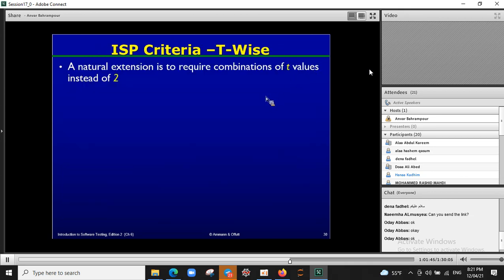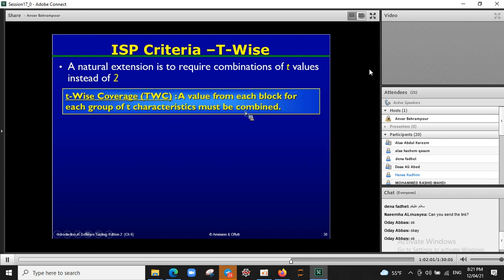A natural extension to pairwise is to require combinations of t values instead of 2 values. In t-wise coverage criteria, a value from each block for each group of t characteristics must be combined.